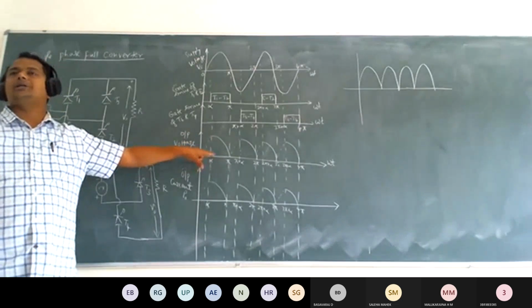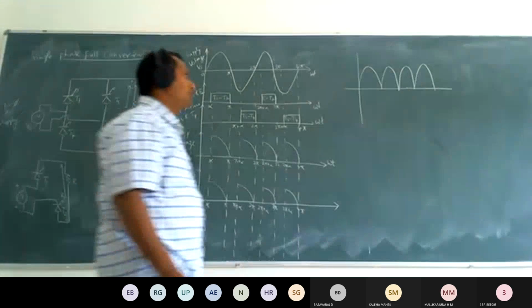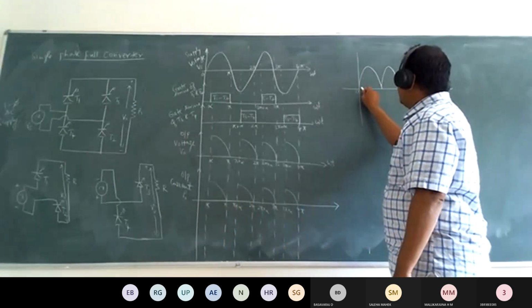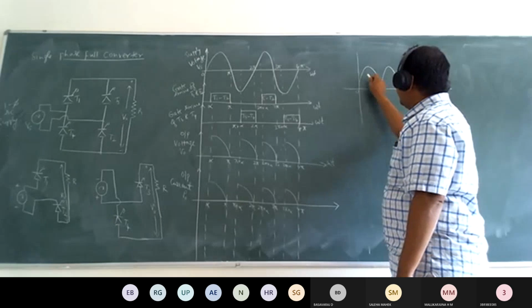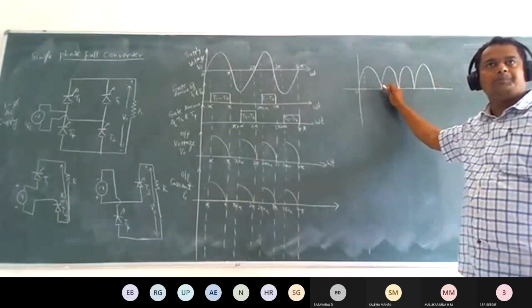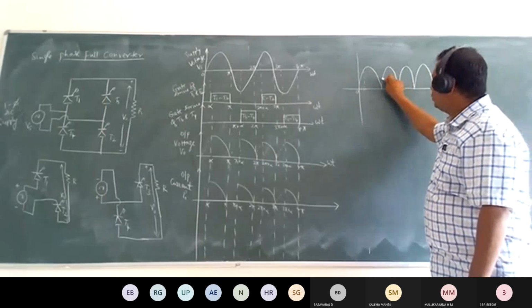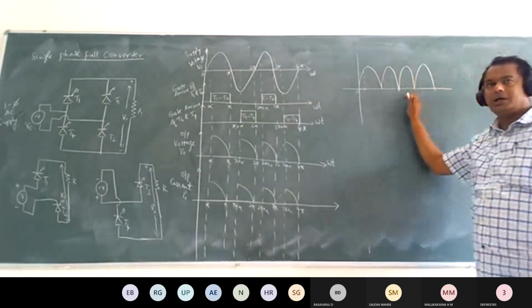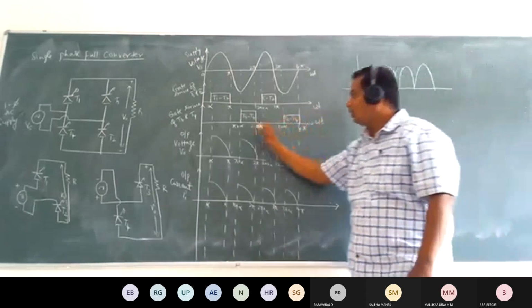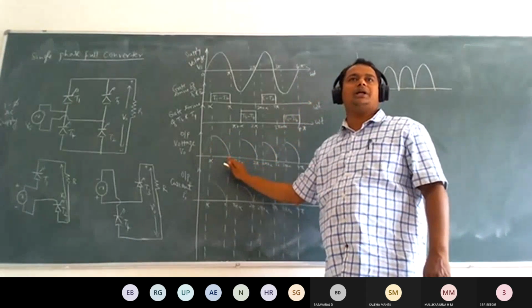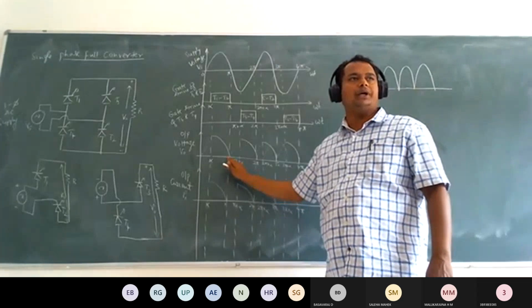As I already said, suppose it is set to 30 degrees, the waveform will look like this. Similarly here, 180, 190, 200, the waveform will look like this. Same thing here, from alpha to pi, instead of 30 we may represent 40 or 50 degrees.